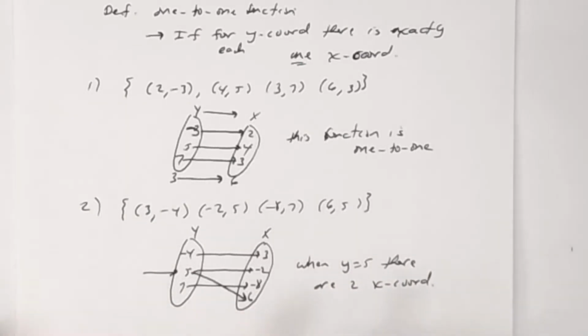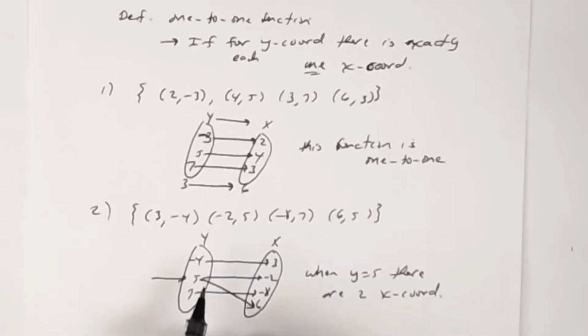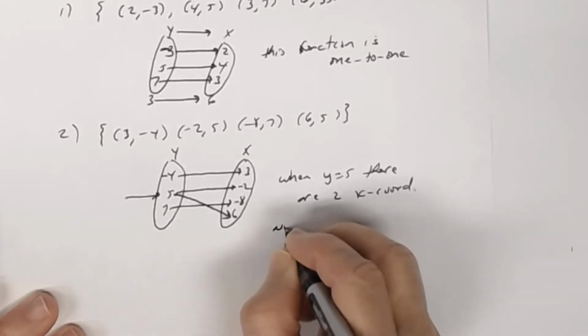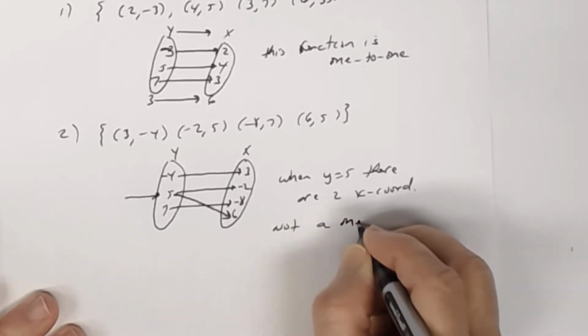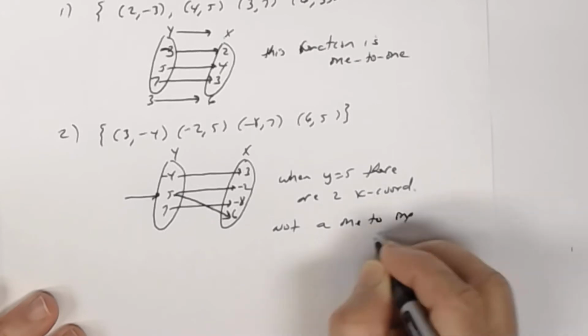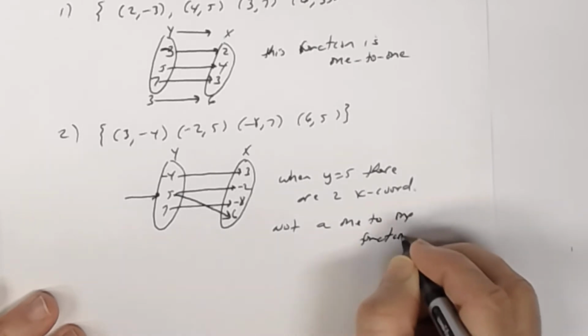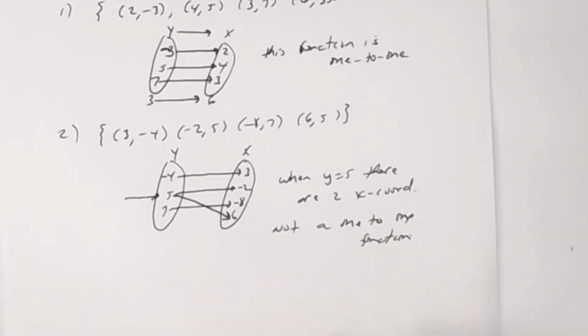And so the definition of a one-to-one function says that for each y coordinate, there has to be just one x. That's not the case here. So this is not a one-to-one function. So the answer to number 2 is no.